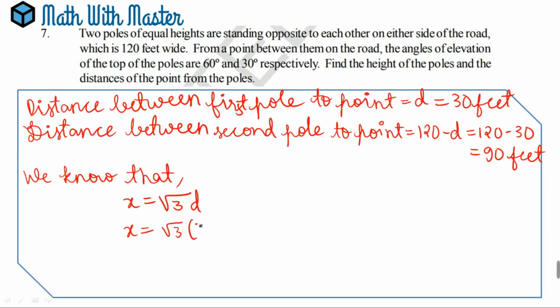Yes, it is 30. So X is equal to 30 root 3 feet. So this is the value of X. This is the height of the pole, and this is the distance between the pole and the point. So now we will move towards the next question.